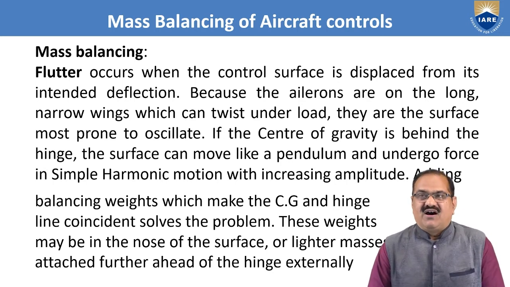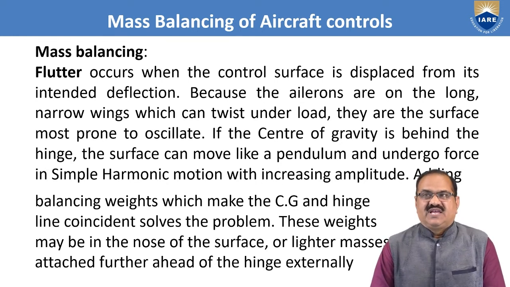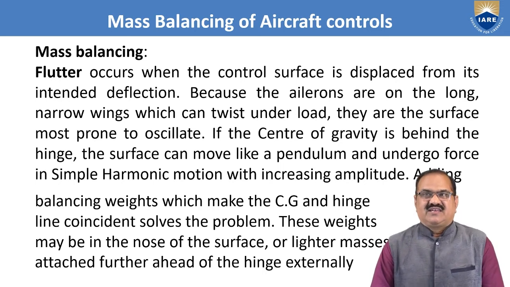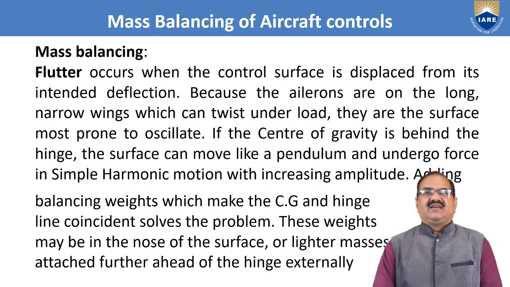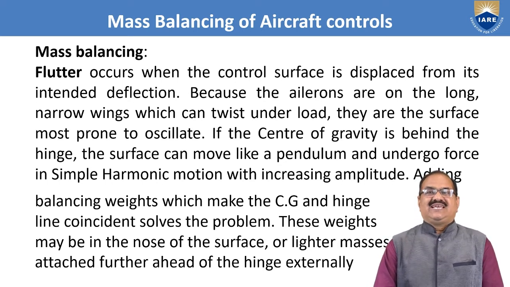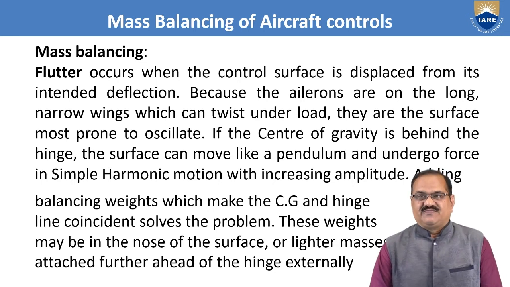The ailerons are on long narrow wings which can twist under load, so they are the surfaces most prone to oscillate. If the center of gravity is behind the hinge, the surface can move like a pendulum and undergo simple harmonic motion with increasing amplitude.